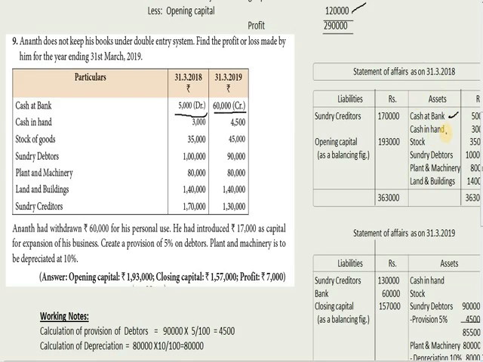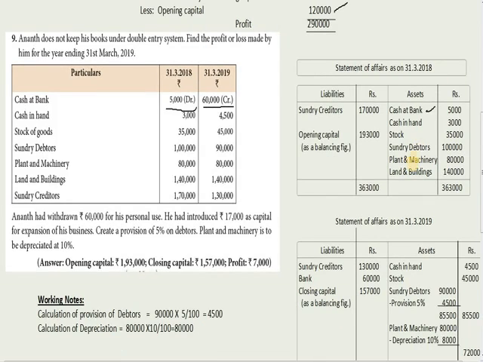And cash in hand 3,000, stock 35,000, sundry debtors 1 lakh, plant and machinery 80,000, land and buildings 1,40,000.